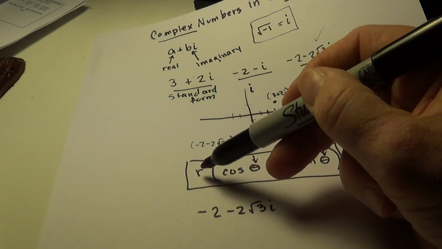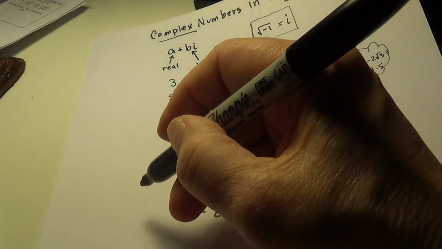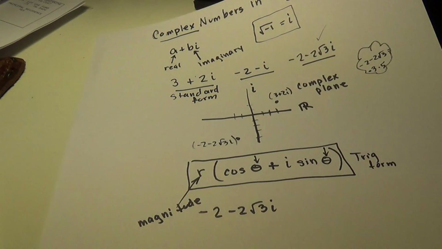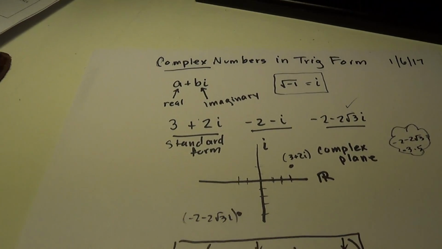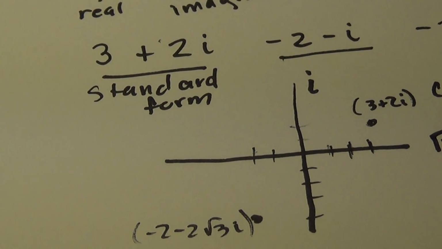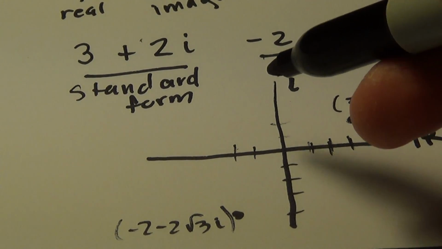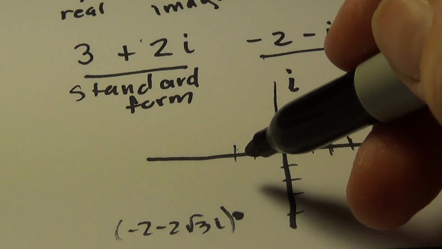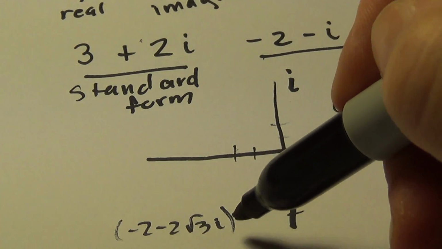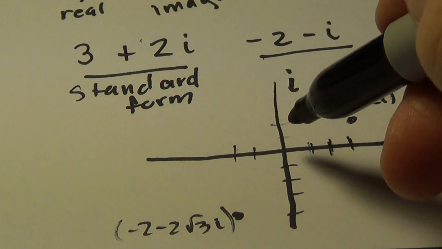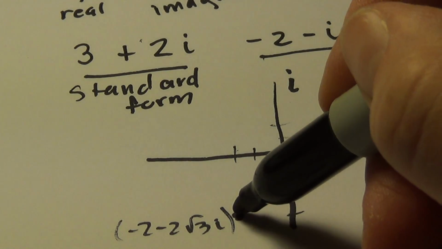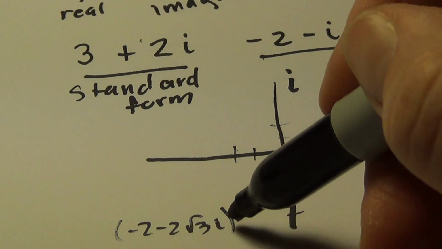There's a number outside here, and that number is the magnitude of the complex number. So you probably have a pretty good idea what magnitude means. And from seeing what we have previously, even though we weren't using complex numbers, we were using vectors, if I am looking for the magnitude of this complex number, I'm going to draw a line like a vector from the origin to the number, and I need to come up with that distance.